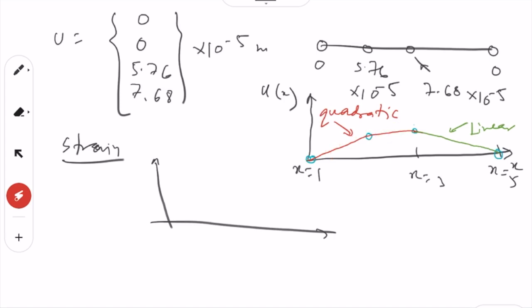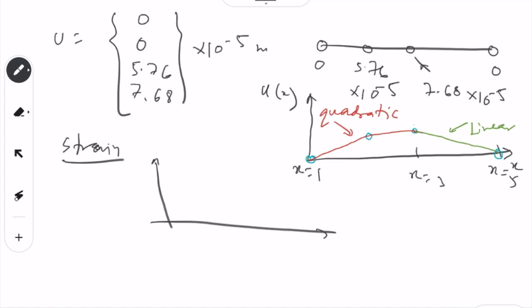The slope is more here and is reducing like this, and then you will have negative like this. So either you can find it from the curve, or based on your results you can also do it accurately.